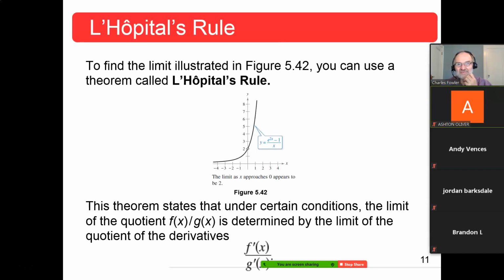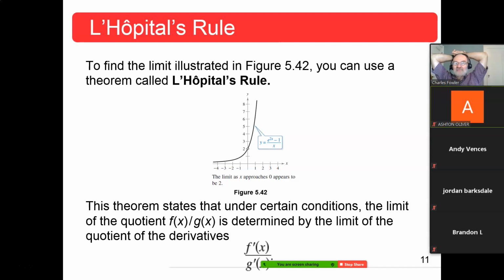To find the limit illustrated in that example, we can use a theorem called L'Hopital's rule. Didn't come from L'Hopital, it came from his professor, Bernoulli, but everybody called it his rule because he wrote it up in his calculus textbook.